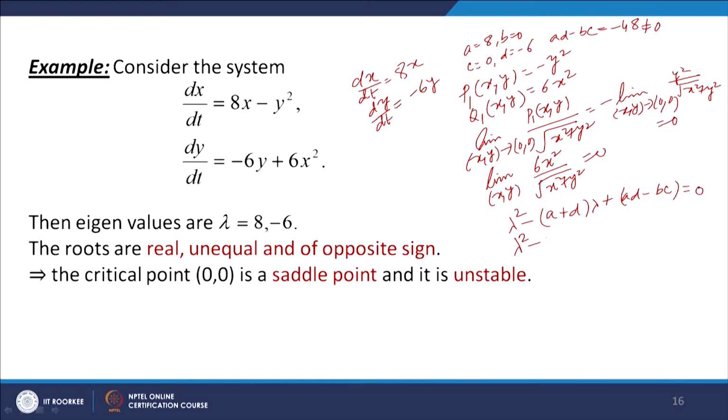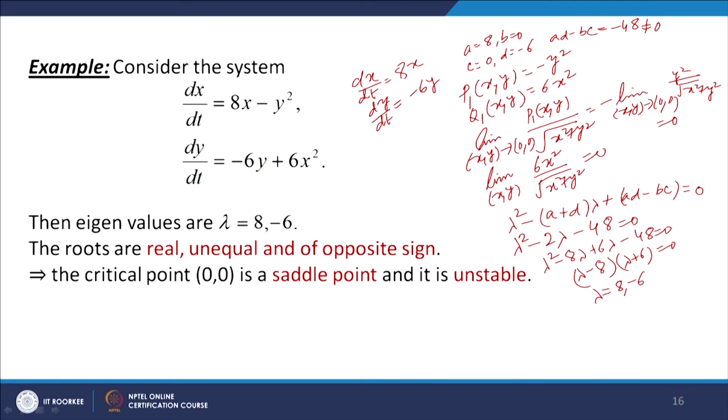So, 8 minus 6 gives 2, lambda square minus 2 lambda, and ad equal to minus 48. So, we have lambda square minus 8 lambda plus 6 lambda minus 48 equal to 0, and this gives us (lambda minus 8)(lambda plus 6) equal to 0. So, the eigenvalues are lambda equal to 8 and minus 6.